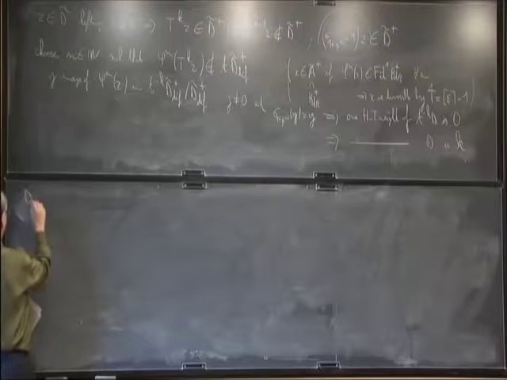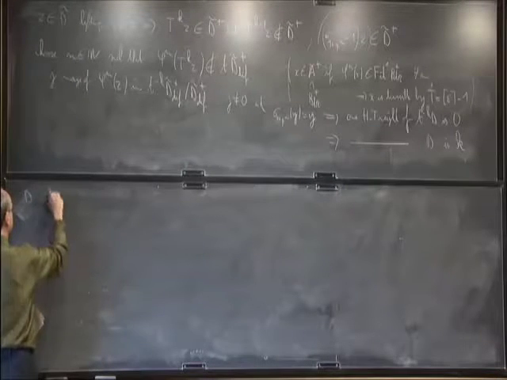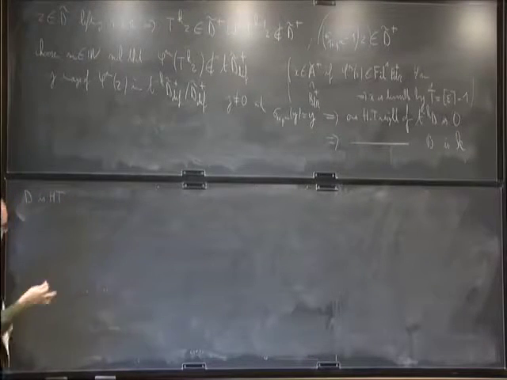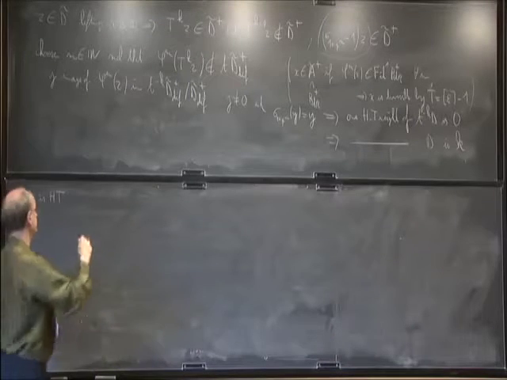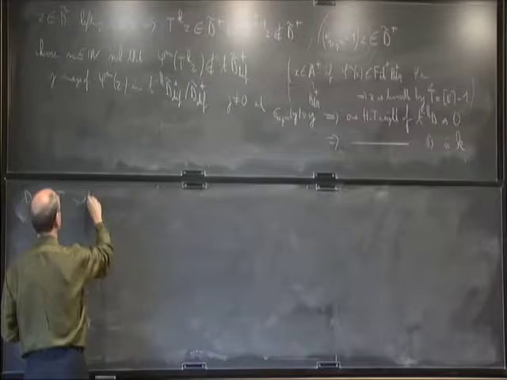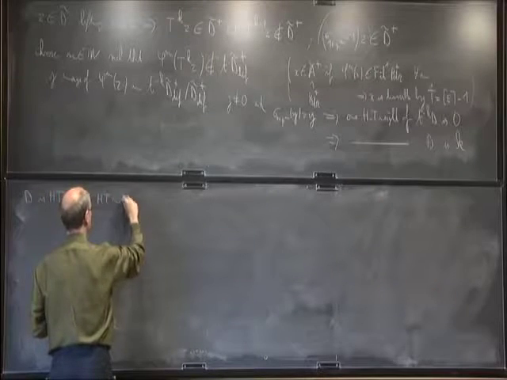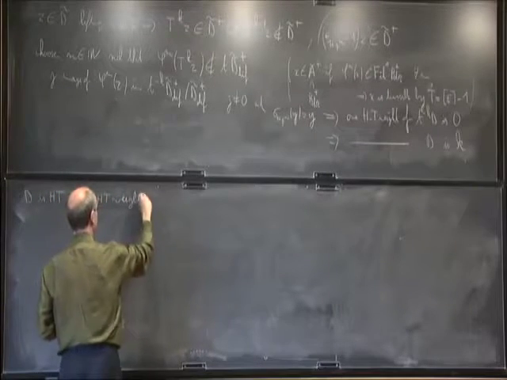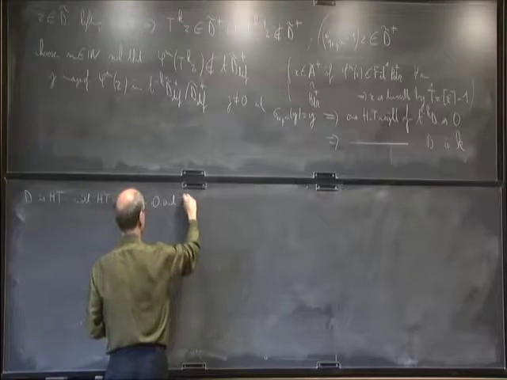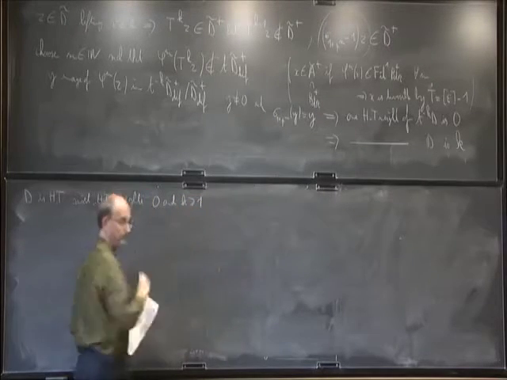So from now on, we assume that D is Hodge-Tate with Hodge-Tate weights 0 and k, with k bigger than 1.